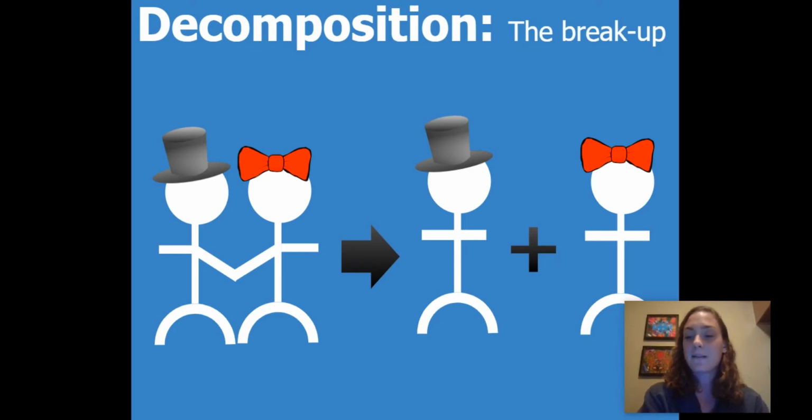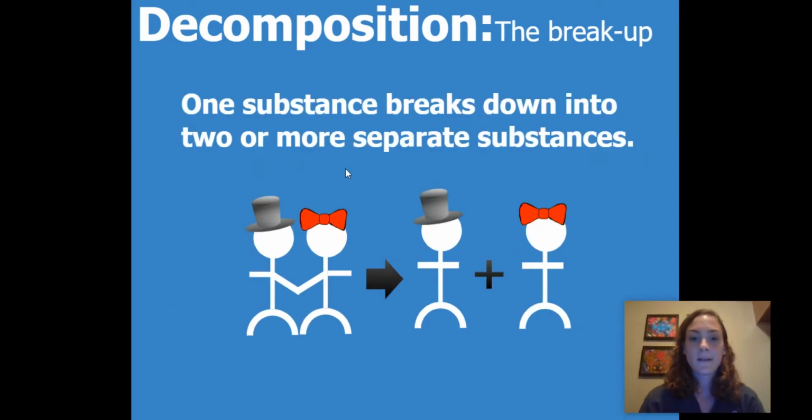They have their happy little relationship for however long, and then something goes wrong and they break up. They break apart. And now after the reaction, so after that arrow to the right, they are no longer a unit. They are separate. So a more academic way of saying this would be that one substance breaks down into 2 or more separate substances.